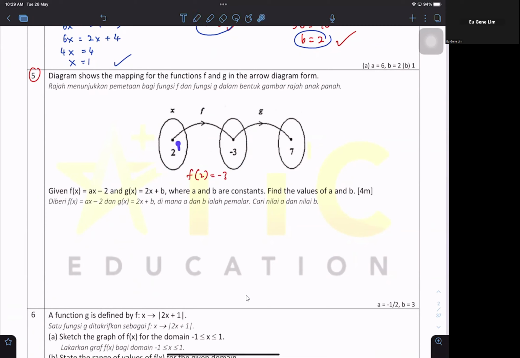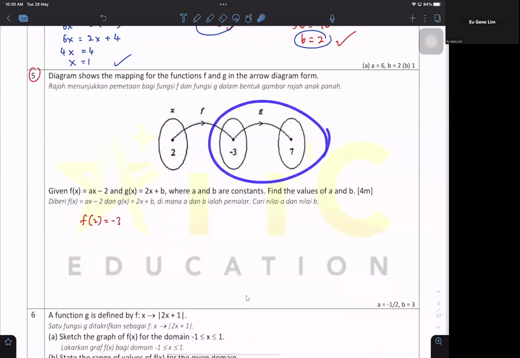Because you see, 2 goes to negative 3, going through f, right? Put it on the left hand side, because this is function f. 2 goes through function f and becomes negative 3.